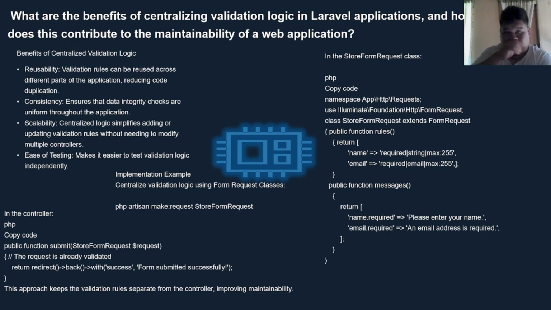Next. What are the benefits of centralizing validation logic in a Laravel application, and how does this contribute to the maintainability of the web application? Benefits of centralized logic are reusability, consistency, scalability, and ease of testing.